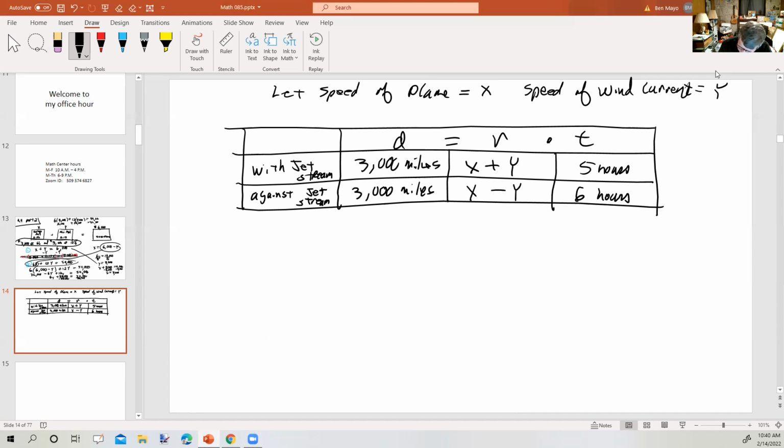All right. So our two equations are, this equals 5 times x plus y. I'm going to put the 5 in front. And the second equation, 3,000 equals 6 times x minus y. Again, any questions about that?